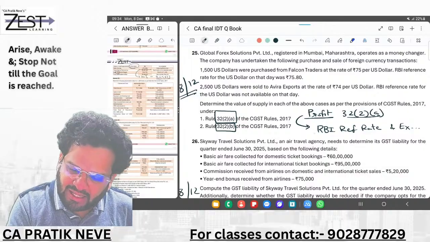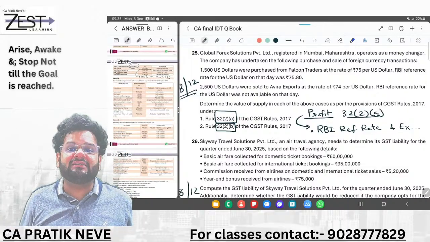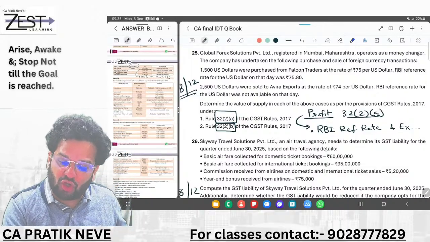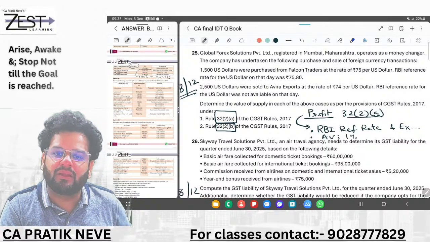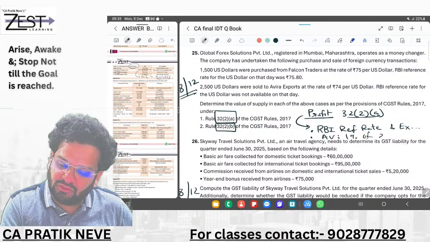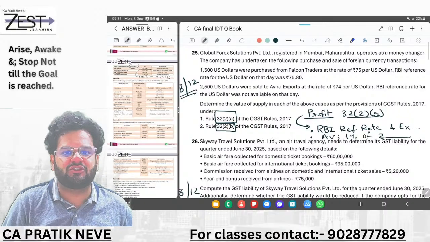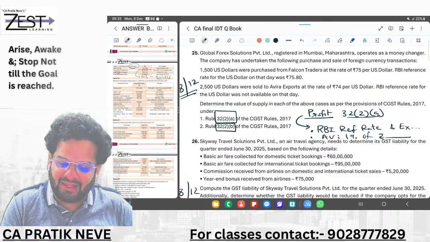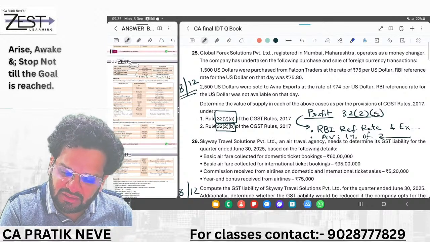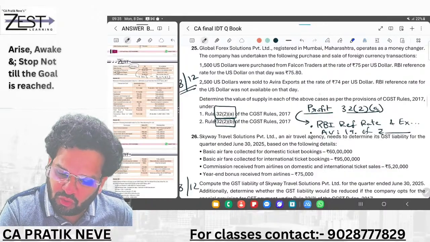So I'll guide you on that. If RBI reference rate is not available, then assessable value will be 1% of rupees involved in that transaction. And if none of the currency is rupees, then what you should do?